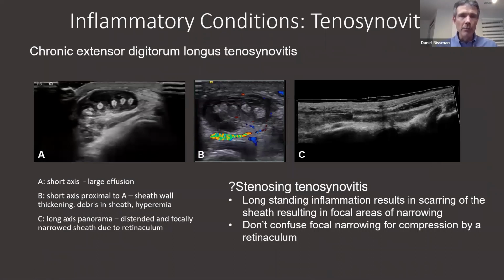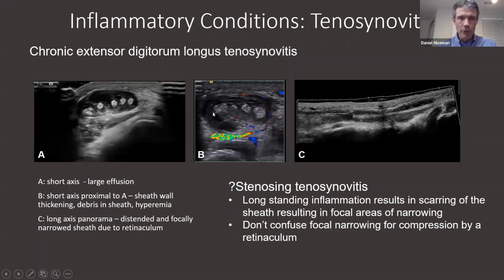And then here's an example of chronic extensor digitorum longus tenosynovitis. Here we know it's the extensor digitorum longus that we're looking at because of the multiple constituents here. Large effusion, sheath wall thickening. I'm not sure you can see that there, but maybe you can see here that this hypoechoic rind represents the sheath wall.